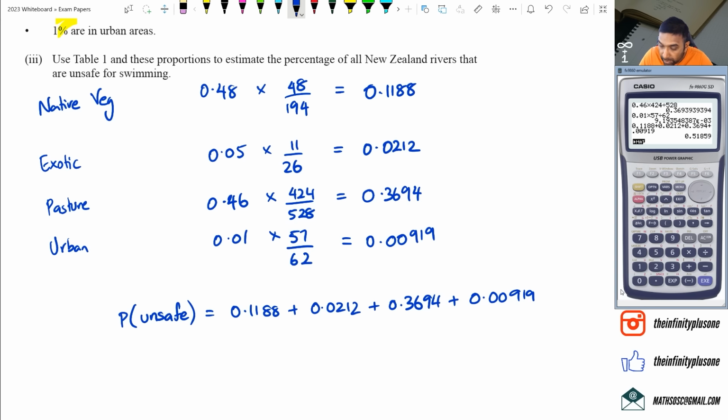That's going to give me 0.5186. Now the question does say percentage, so I probably would write it as 51.86 percent unsafe.